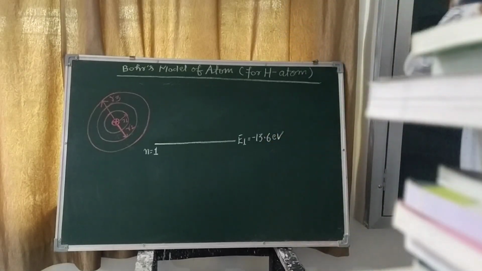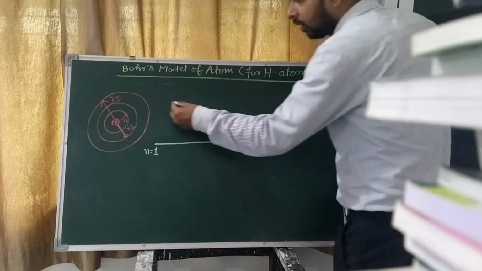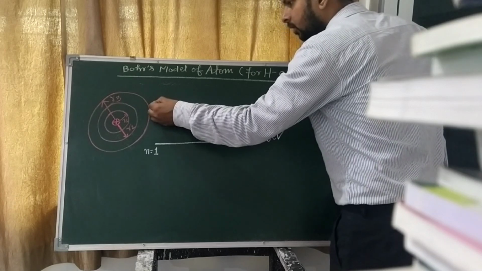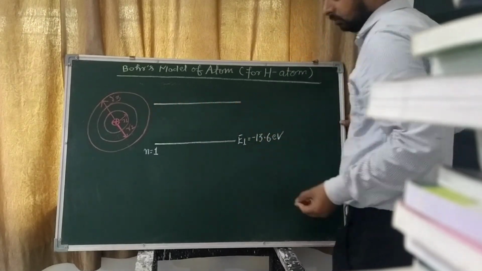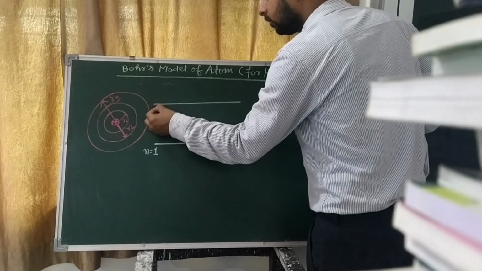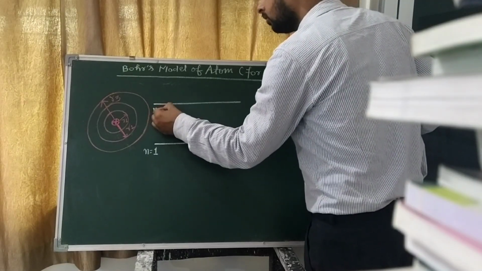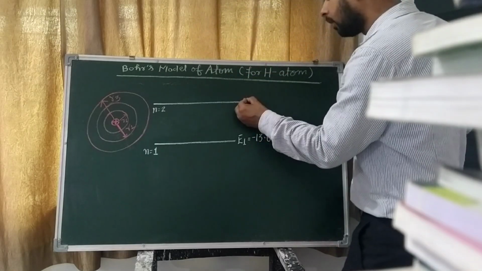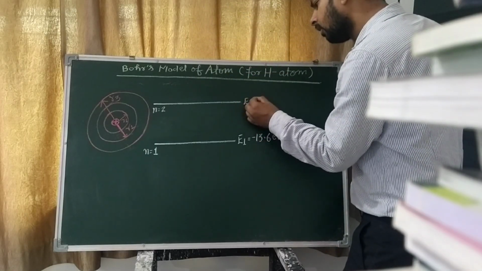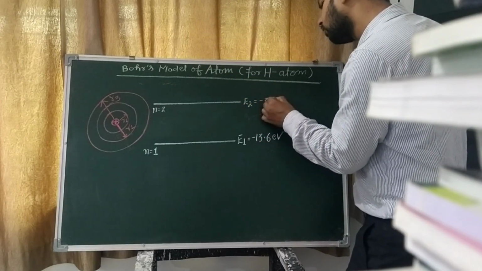It is quantized, we have seen. Then we will have second energy level n=2, and E2 will have minus 3.4 electron volt.